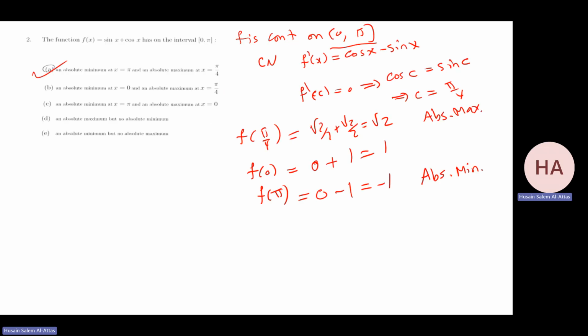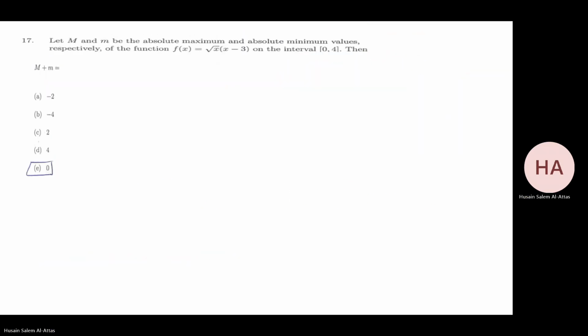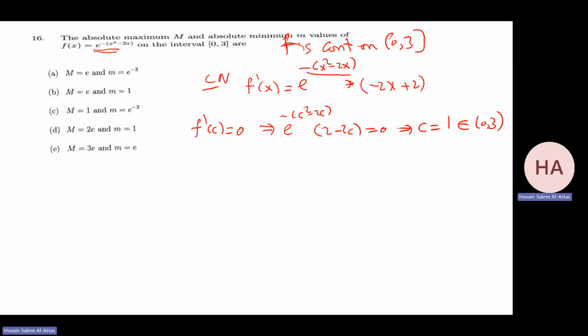And by the way, you need to be sure that this is in the interval, which, for sure, it is. Okay, so I need to check f at 1, f at 0, f at 3. F at 1 will be what? e to the power minus 1 minus 2.